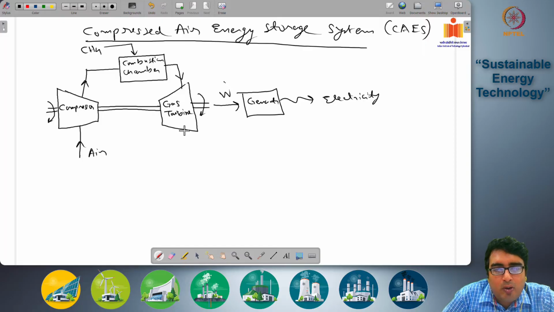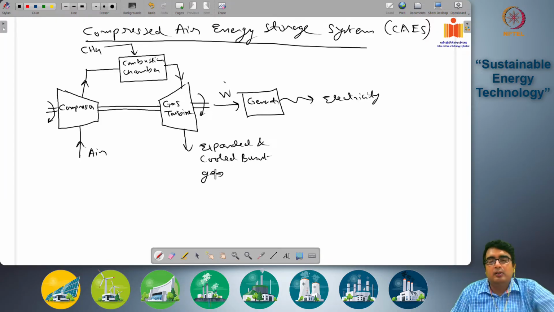And the expanded and cooled combustion gases are coming out of the system. Expanded and cooled burned gas.